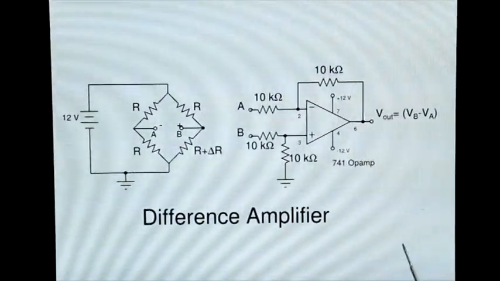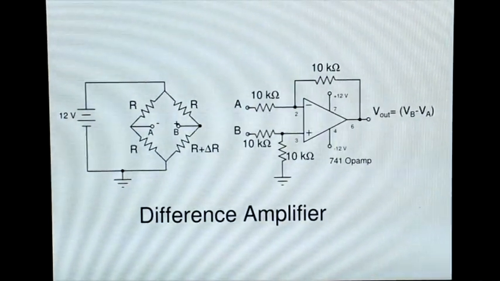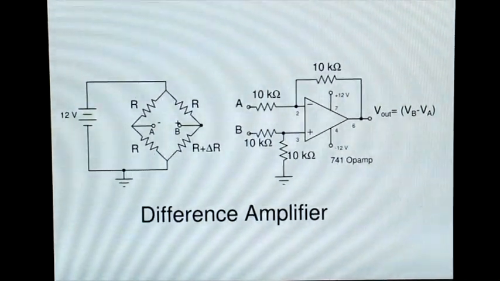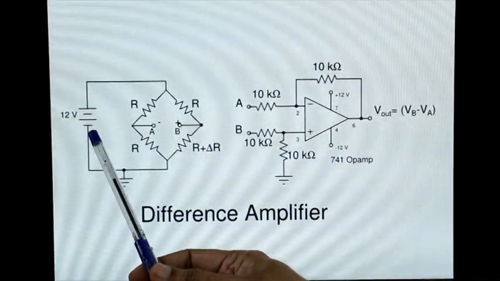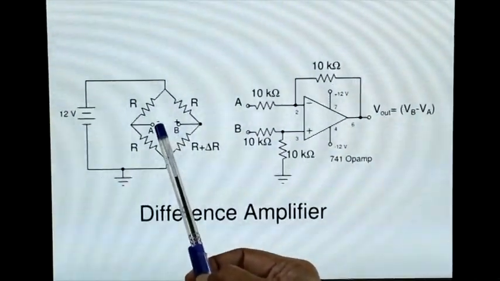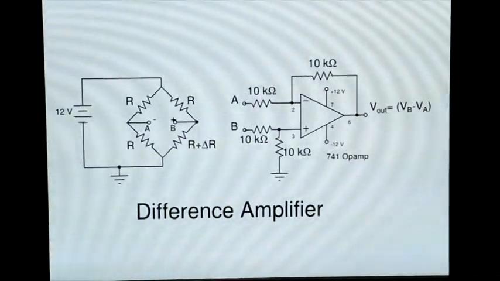This is a very useful circuit whenever you have a bridge and you need to amplify the signal. Right now I applied a DC here, but instead of this DC, you could have used a sine wave signal, in which case you would have got a sinusoidal differential signal.